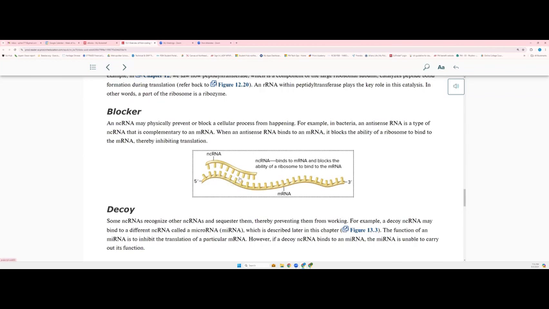This kind of binding works as a blocker to prevent the mRNA from going further to translation.